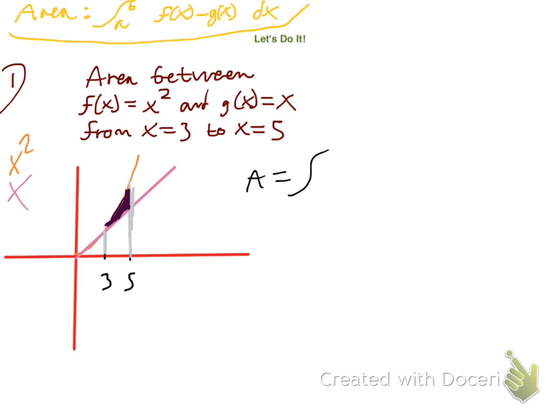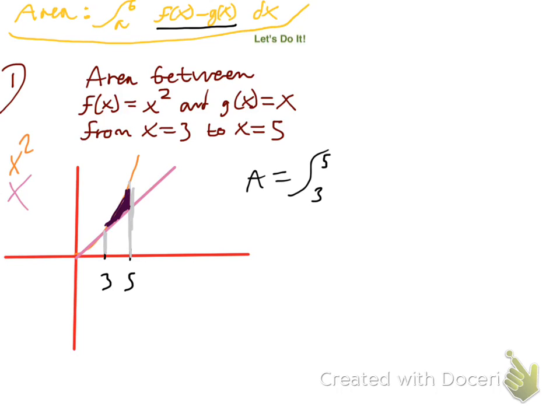Sometimes it's not always going to give the explicit limit like this, x equals 3 and x equals 5, and so graphing is another reason to graph it, so you can find out what the explicit limits are. But they do give us them here. So from 3 to 5 on your definite integral, f of x minus g of x means f of x meaning top function, g of x meaning bottom function. That's what f of x and g of x mean in this definite integral.